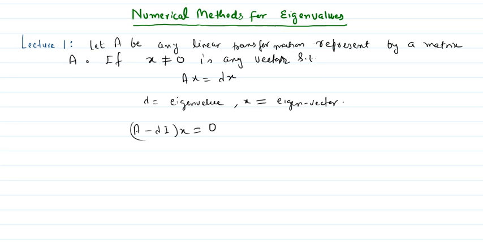This is a homogeneous system of equations, and this will have a non-trivial solution x if the determinant of the coefficient matrix is 0. So by solving this determinant of A minus lambda I, you can find eigenvalue, and if A is an n cross n matrix, then you will get an n degree polynomial like this.